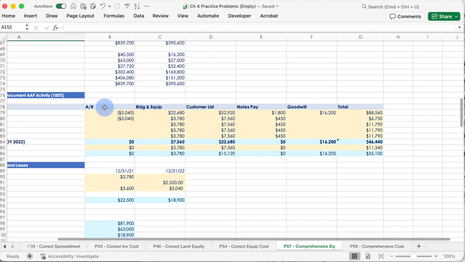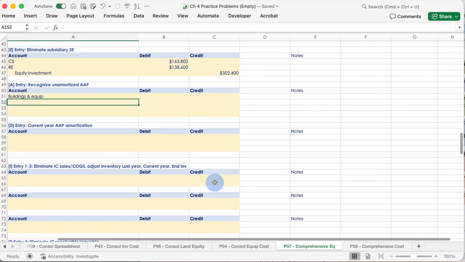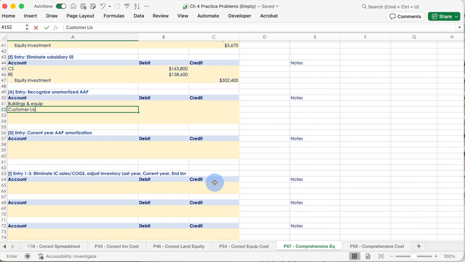So we have the AAR is already gone. The buildings and equipment I just wrote. We have customer list. We no longer have this notes payable, and then we have goodwill. So we need customer list and goodwill. And that'll go to our equity investment.